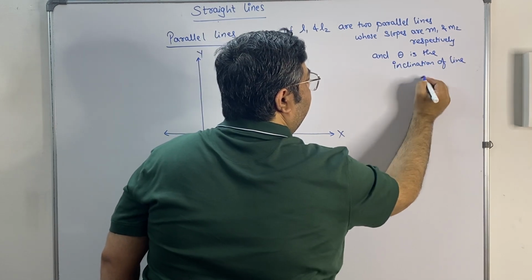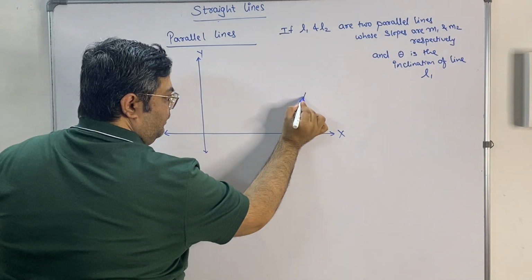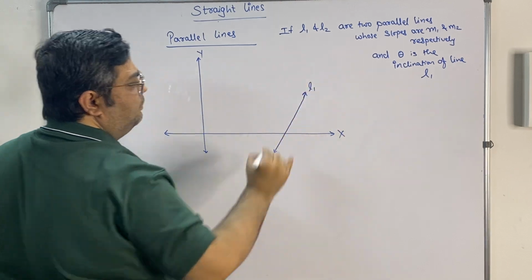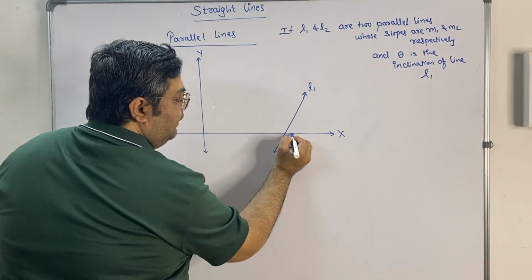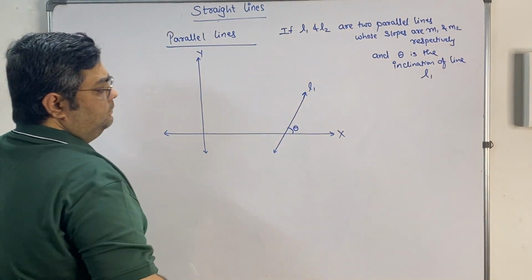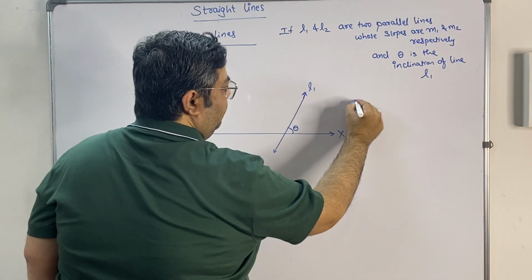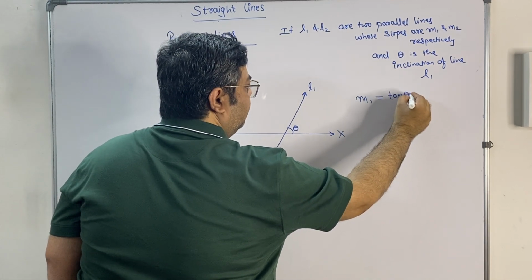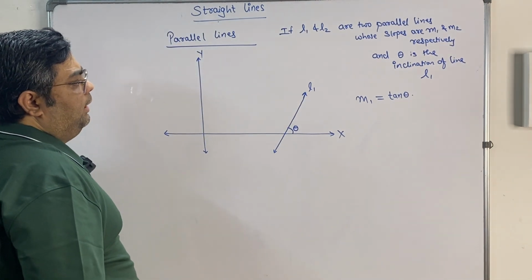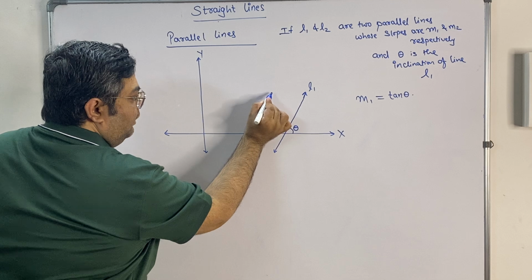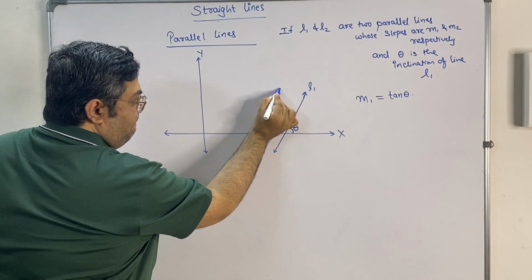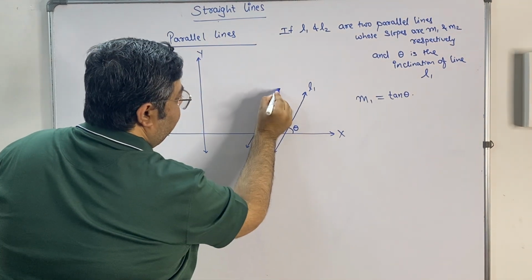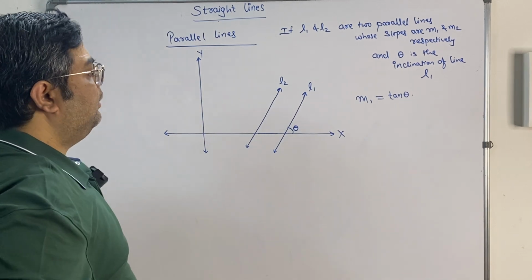of line L1. So first I'll draw a line L1. यहाँ पर ये लाइन L1 का इंक्लिनेशन थीटा है with the positive x-axis. That means m1, the slope of line L1 is tan theta. Now L2 is parallel to L1, so I'll draw another line L2, which looks parallel to L1.